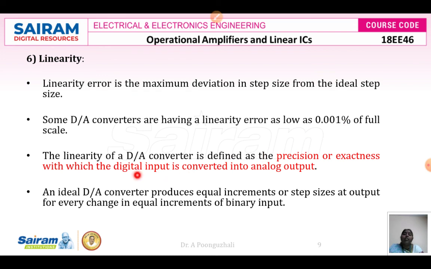The linearity of a D2A converter is defined as the precision or exactness with which your digital input is converted into an analog output. Any D2A converter is going to produce equal increments or step sizes at the output for every change in increments at the binary input. So these are the performance parameters of your D2A converters.